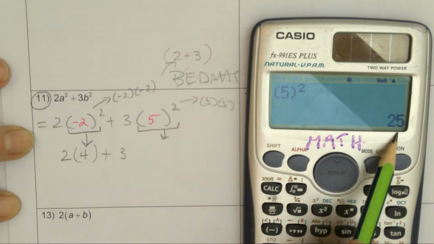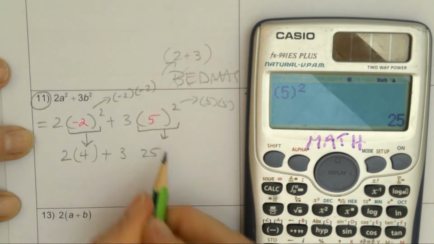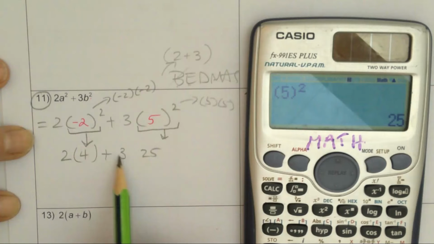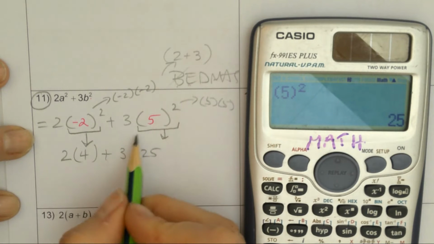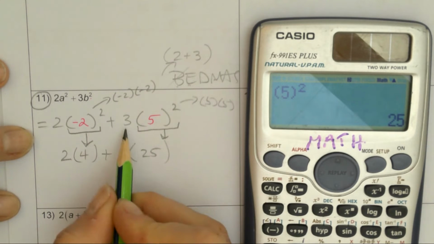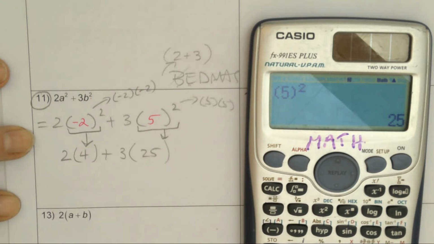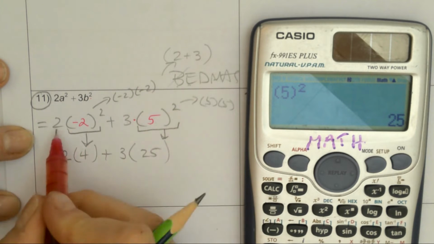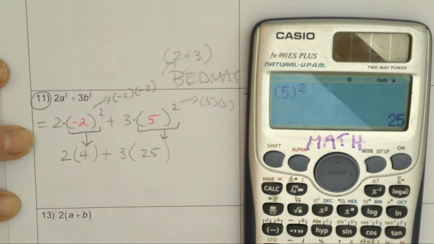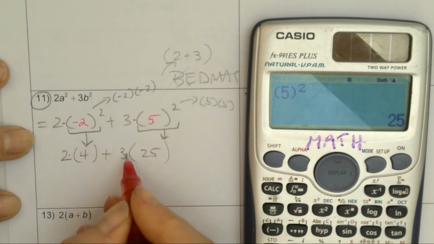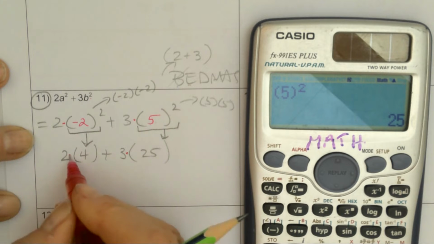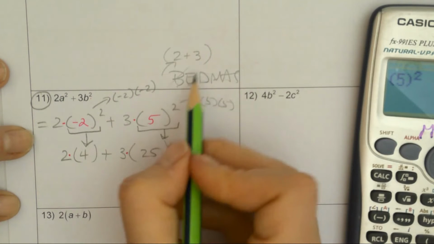Yep, 5 times 5 is 25. Now if I forget to put my brackets, look, it looks like it's 325. So we have to keep our brackets because the number is touching the bracket and saying it's really a multiply here. So I'm done my exponents.